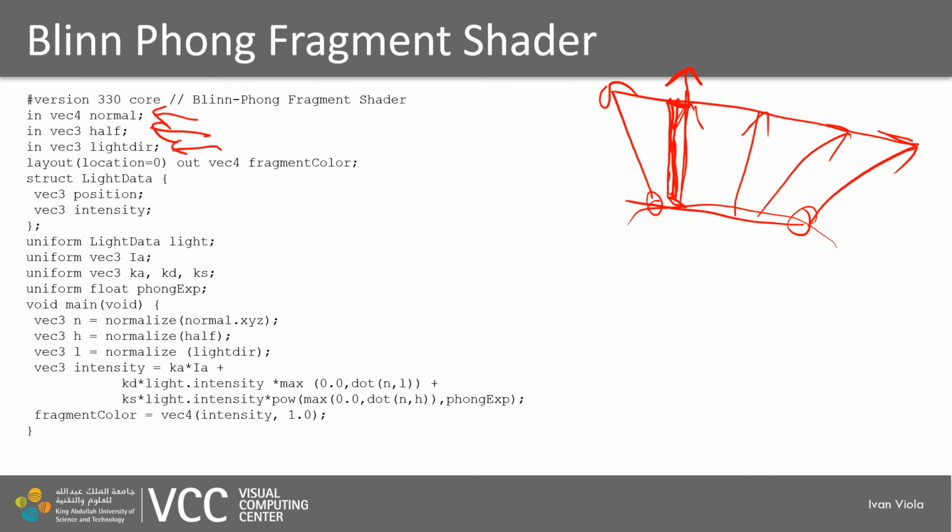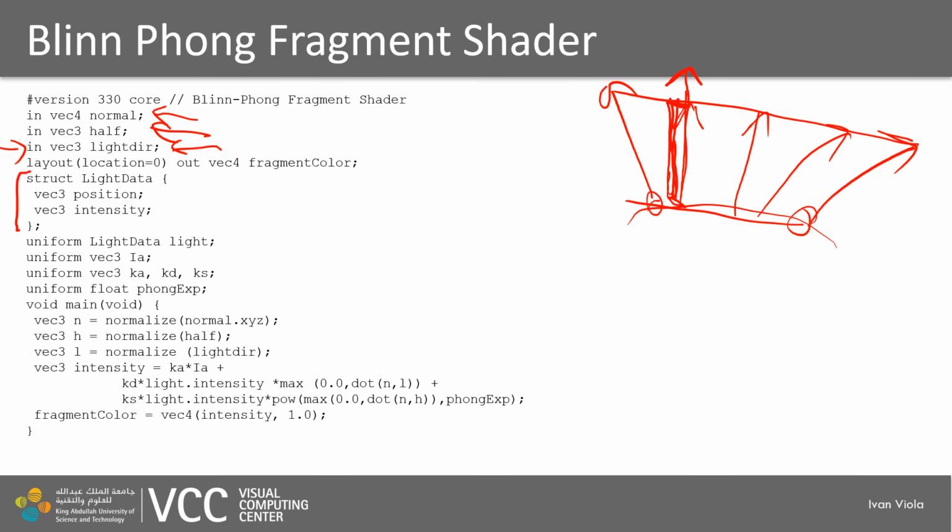More about that later. So again, we have our structure for our light, where this time we will only be using the intensity, not the position, because the position we already have available from this light direction vector, which we calculated in the vertex shader and then rasterized.